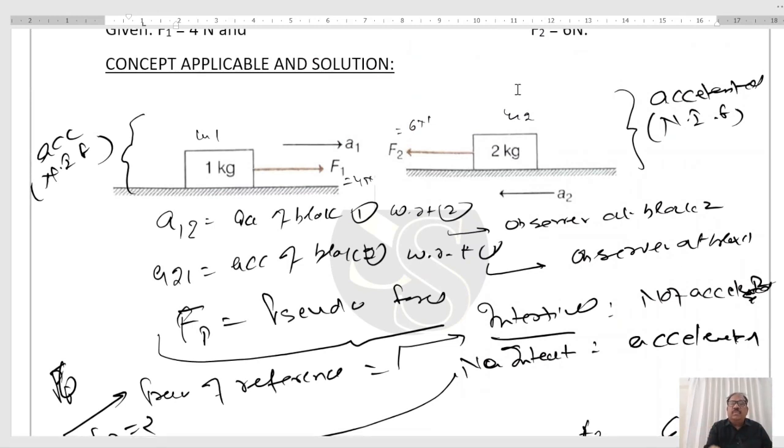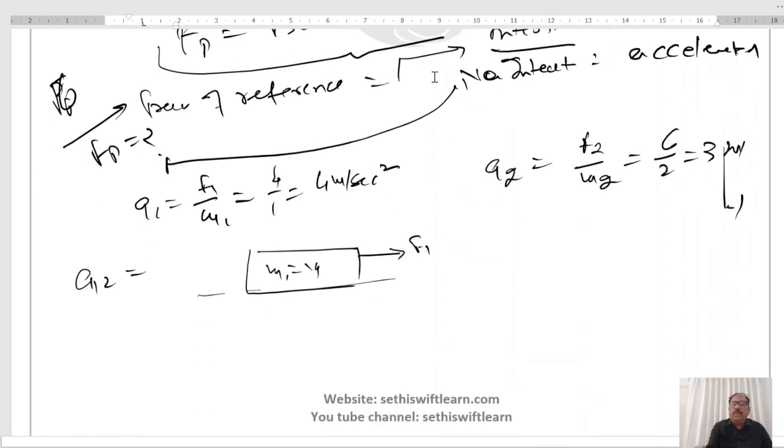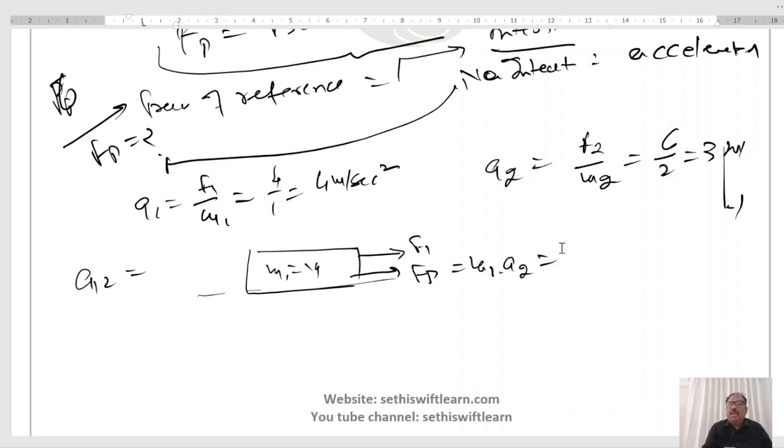So, pseudo force will act on this M1 in the direction opposite to that acceleration. This FP will be equal to mass M1 into A2, M1 is 1 kg into 3, that is 3 Newton.